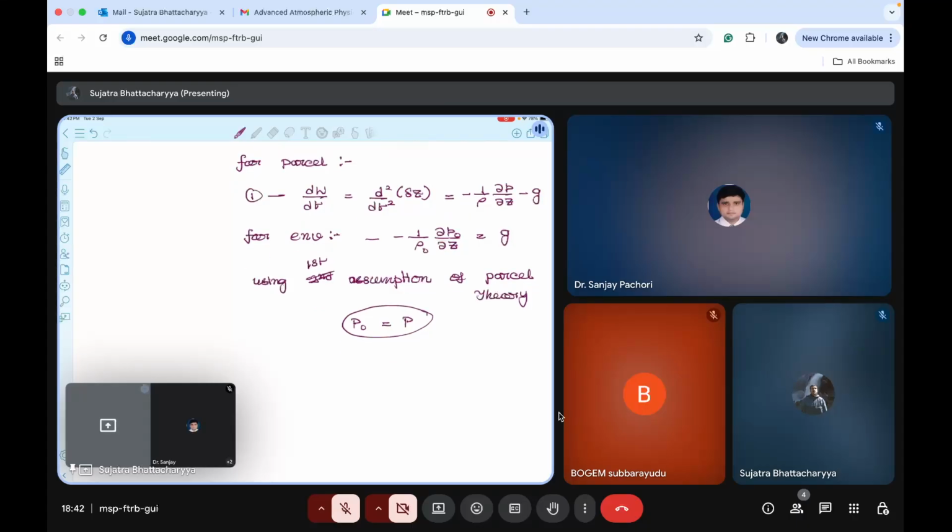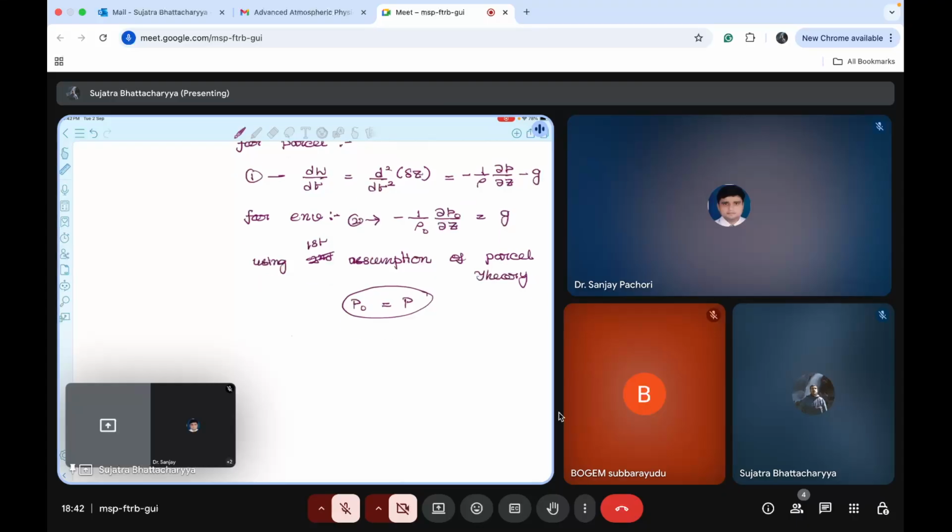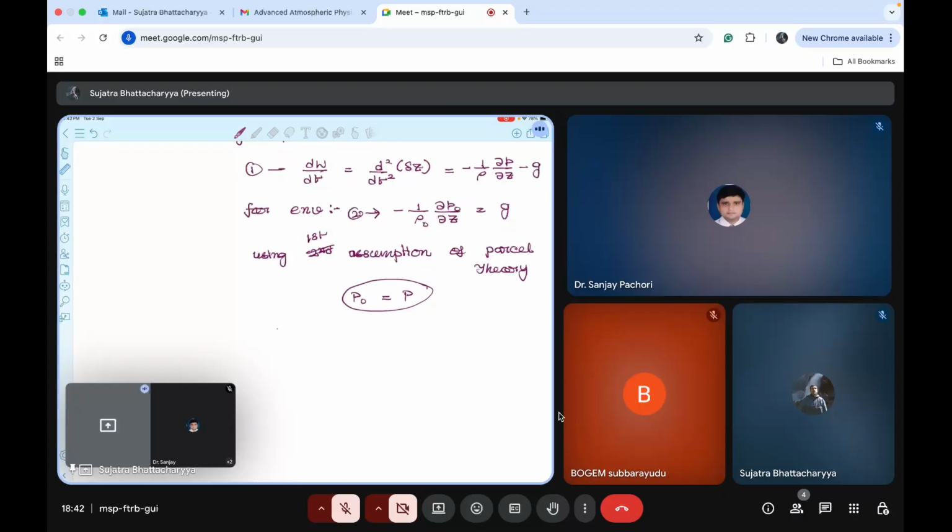So put this in equation 1. What does equation 1 become? d2 by dt2 of delta z is equal to minus 1 by rho delta p naught by delta z, and minus g as it is.